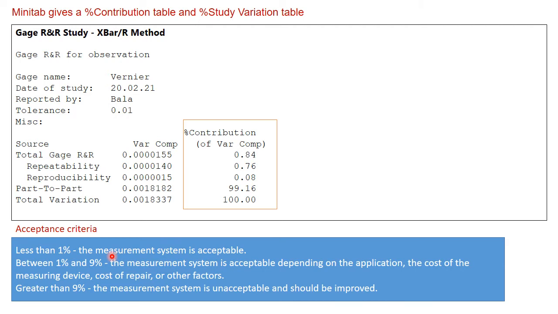If the total gauge R&R is below 1%, the measurement system is acceptable. Here our total gauge R&R is 0.84, which means this measurement system is acceptable. Between 1 to 9%, the measurement system is acceptable depending on the application, the cost of the measuring device, cost of repair, or other factors. And greater than 9%, the measurement system is unacceptable and should be improved.